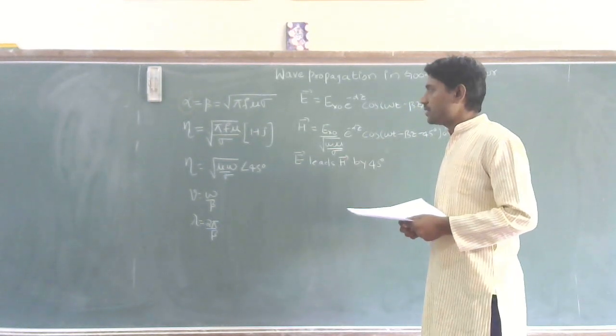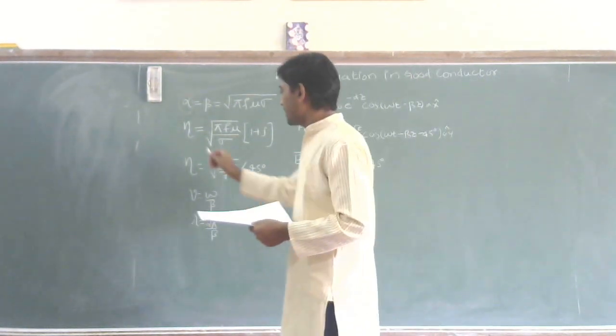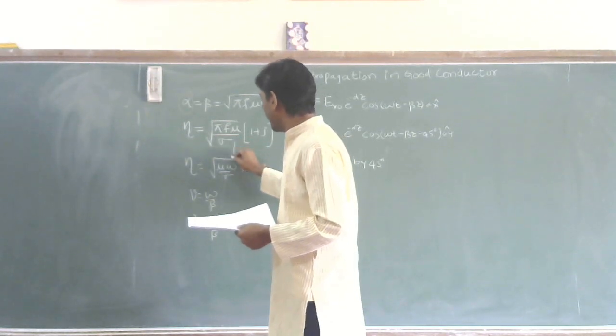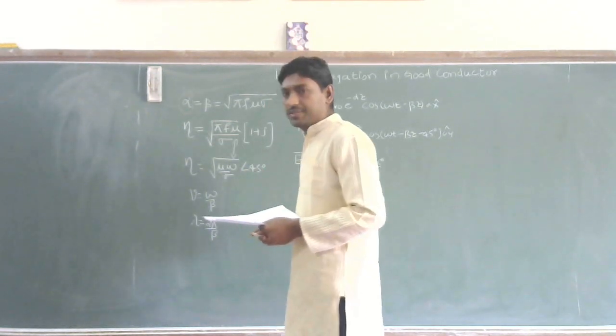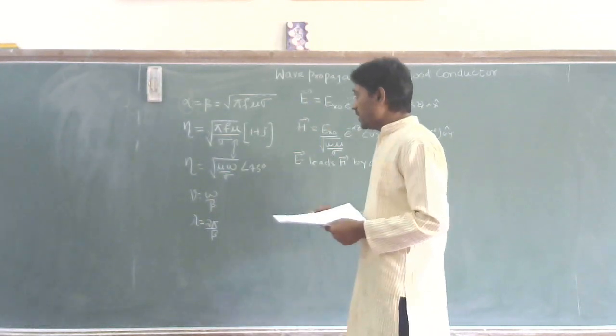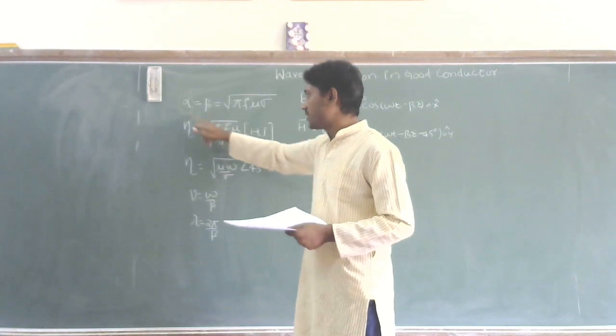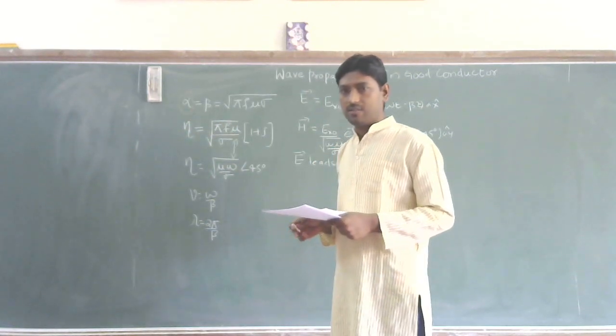The intrinsic impedance of the medium is given by this. We have also an equivalent expression given by this one. We find in a good conductor that alpha is equal to beta, the phase constant is equal to alpha.